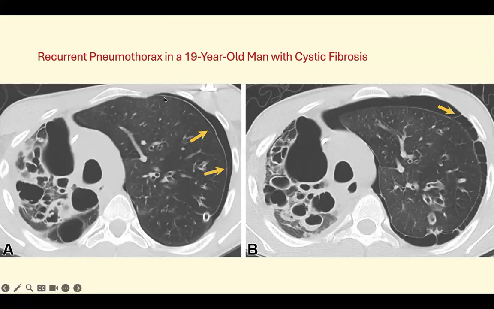Also, because of the bronchiectasis and cavitary lesions that can occur in cystic fibrosis, patients can be complicated by pneumothorax and even recurrent pneumothorax. Here is an example of a 19-year-old patient with cystic fibrosis showing pneumothorax.